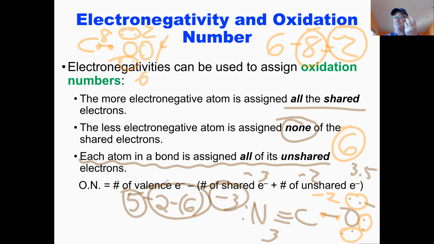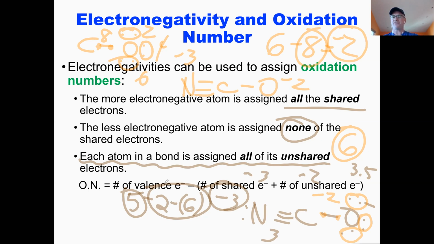We're just saying that's how many electrons it gets to claim because it's more electronegative. So in that situation, we have nitrogen, carbon, oxygen. Nitrogen is -3, oxygen is -2.